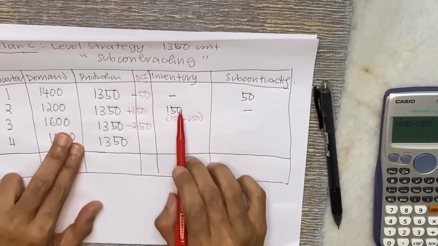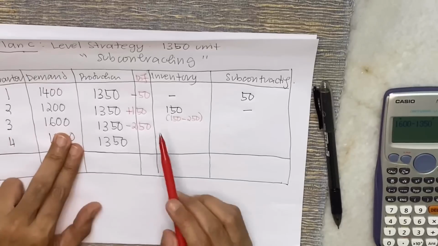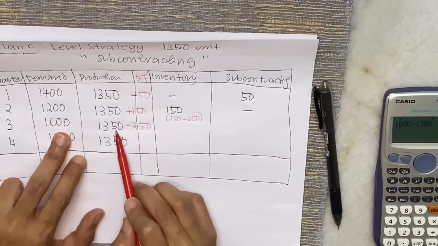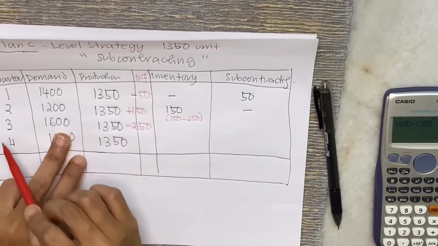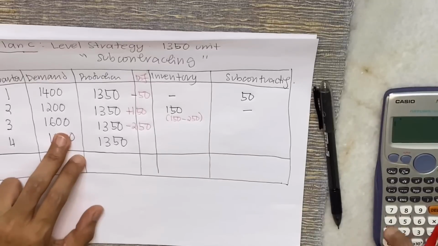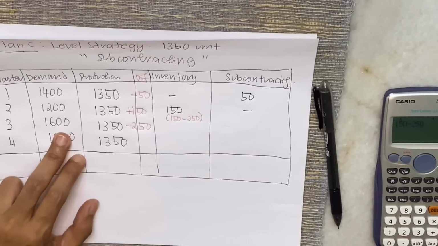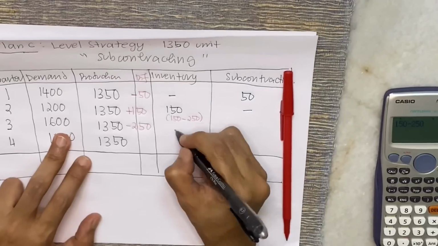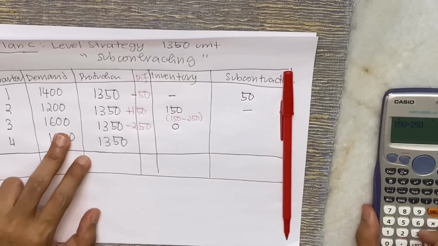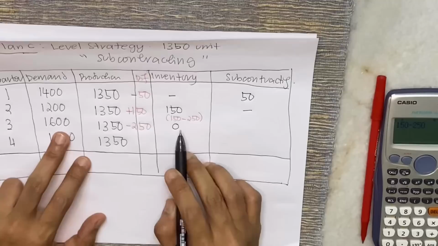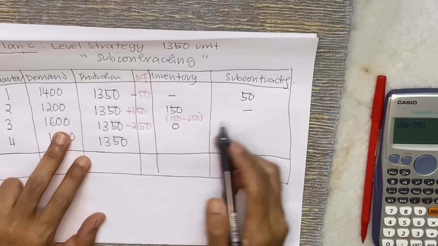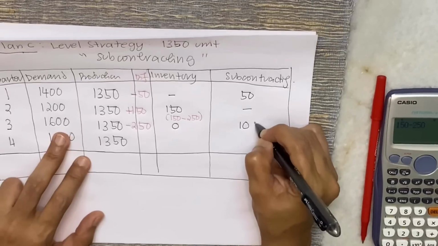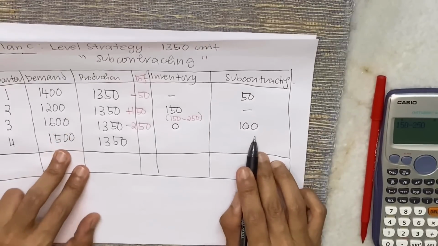Where the 150? 150 is our inventory at the quarter 2. Where is the 250? 250 is the difference between our production and our demand at quarter 3. So 250 minus 150, 100. So dekat inventory dah kosong. Jangan tulis 150 dekat inventory. Our inventory dah kosong sebab kita dah guna 150. So 100 ni, is only 100 unit je kita kena do the subcontracting.